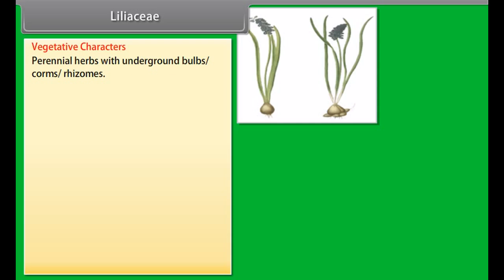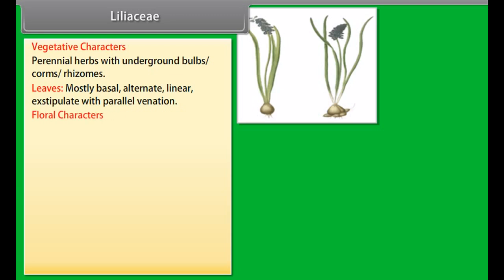Vegetative characters: perennial herbs with underground bulbs, corms, rhizomes, leaves mostly basal, alternate, linear, exstipulate with parallel venation. Floral characters: inflorescence, solitary, cymose, often umbellate clusters.